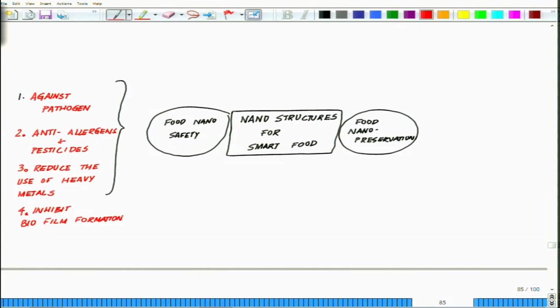So if we look at the other side, in terms of food safety, and if we look at the food preservation part, the areas where major thrust lies are, one is encapsulation, second is water treatment, humidity treatment.